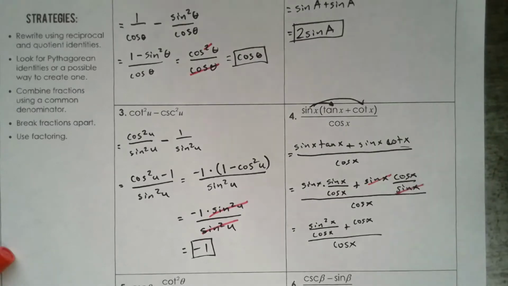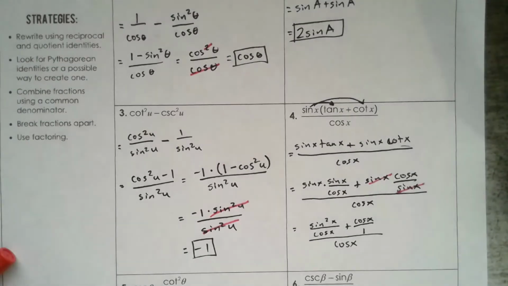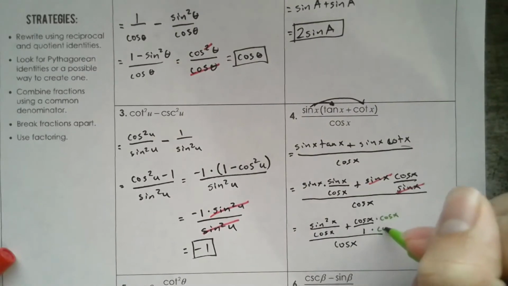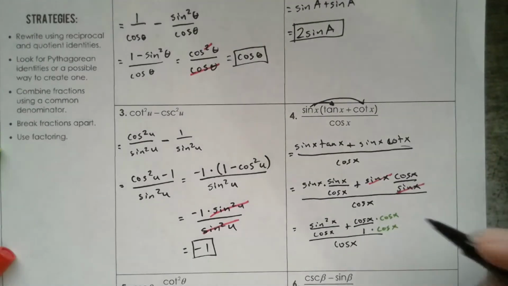No, let's keep going. So then I have cosine x over 1. So I can combine these two fractions in the numerator. I need to make sure this one's also over cosine x, so I'm going to multiply this one by cosine x, top and bottom.